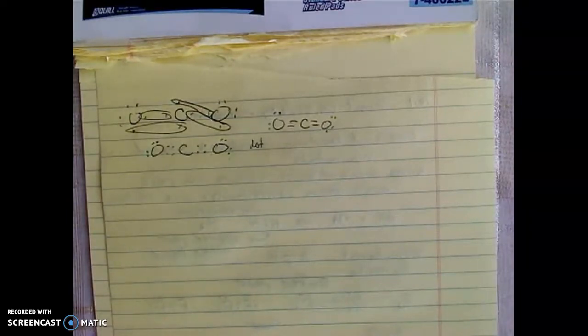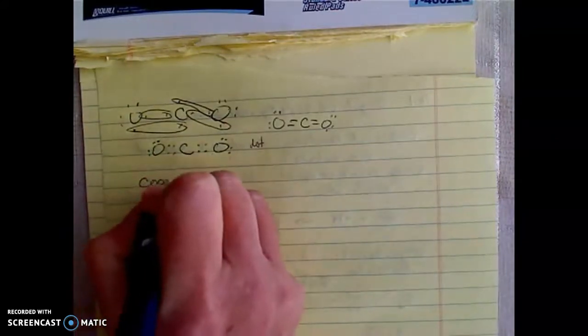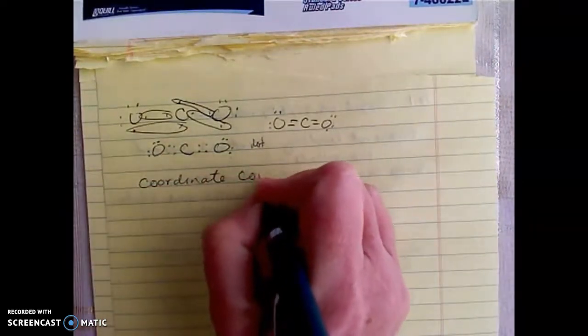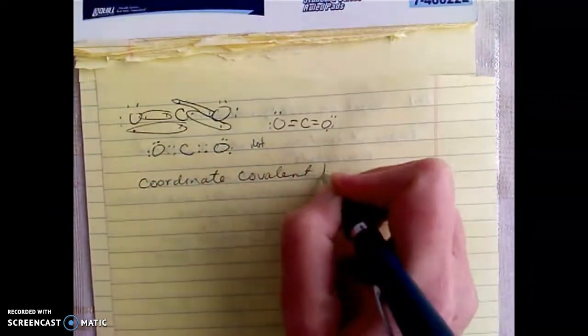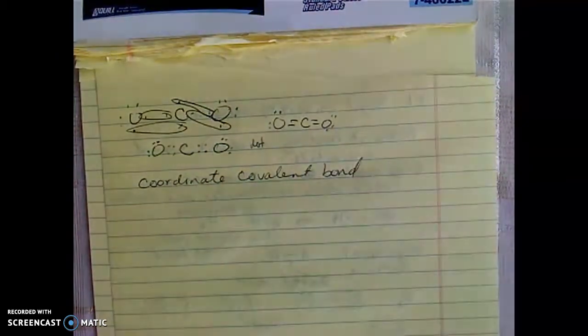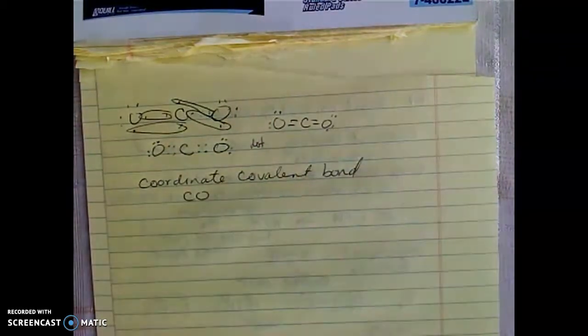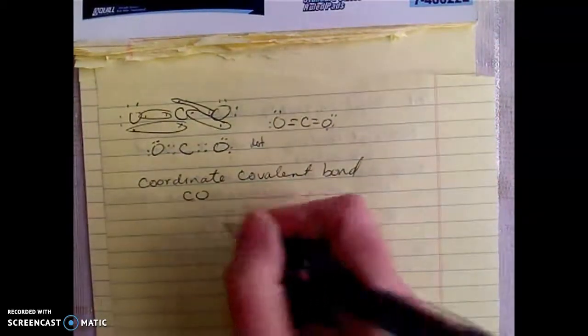All right. Now there's something that we call a coordinate covalent bond. This can be very confusing, so keep that in mind. It's not the easiest thing to draw. All right, so this is shown between carbon and oxygen, carbon monoxide. Okay.